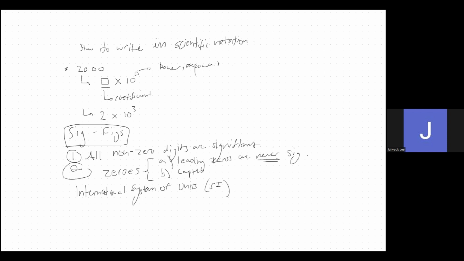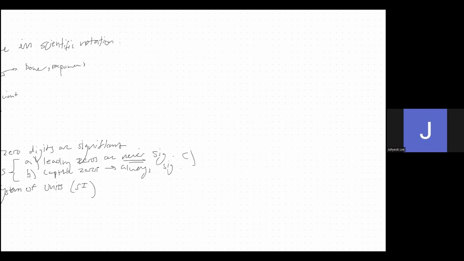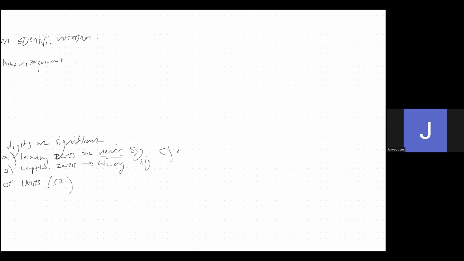I'll explain what captive actually means. Captive zeros are always significant. And part C, lastly, are trailing zeros. Now these are significant if there is a decimal point.